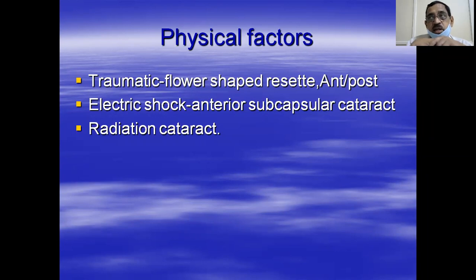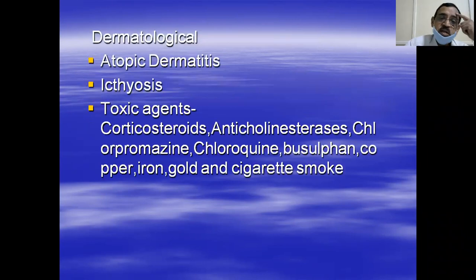And radiation cataract, the people who are exposed to the radiation, be it a gamma radiation or a beta radiation for treatment for any malignancy in the vicinity of the lens or eye, it can also result in radiation cataract. Dermatological, atopic dermatitis and ichthyosis. So these are the dermatological conditions which are associated with the cataract formation.